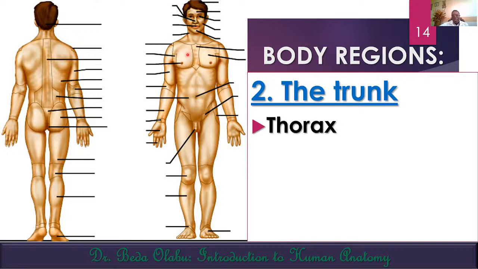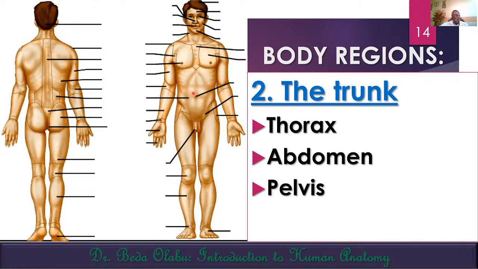Within the trunk we have the thorax, which is this one from there to somewhere there. We have the abdomen, which is this one here. We have the pelvis, which is where most of the different reproductive organs are found. And we have the back, and I believe all of you know where the back is. Those are the sub-regions within the trunk.